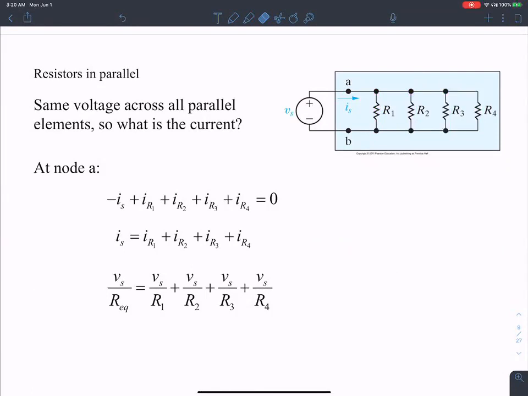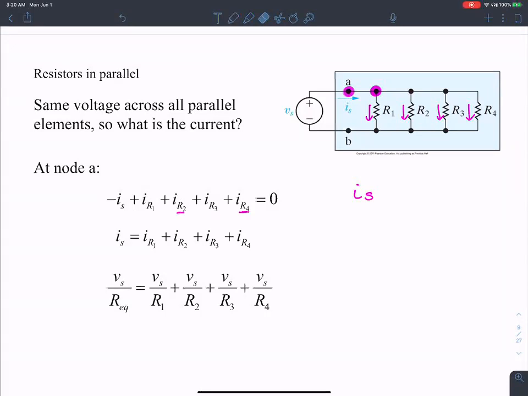Now what I can do is, at node A, which is the same as this one, apply KCL. I think in some sense I showed that to you already. The currents leaving are shown in these resistances as IR1 or I1, IR2, IR3, and IR4 respectively.